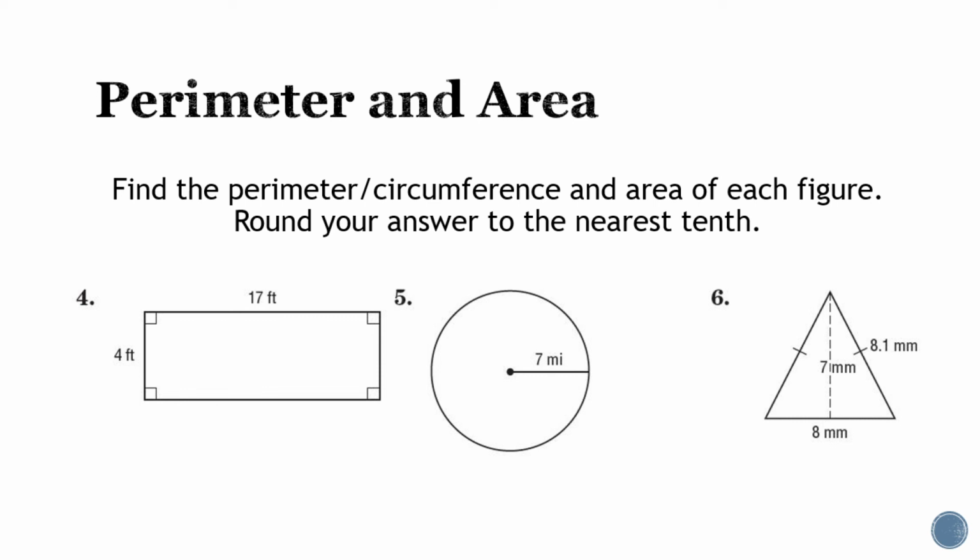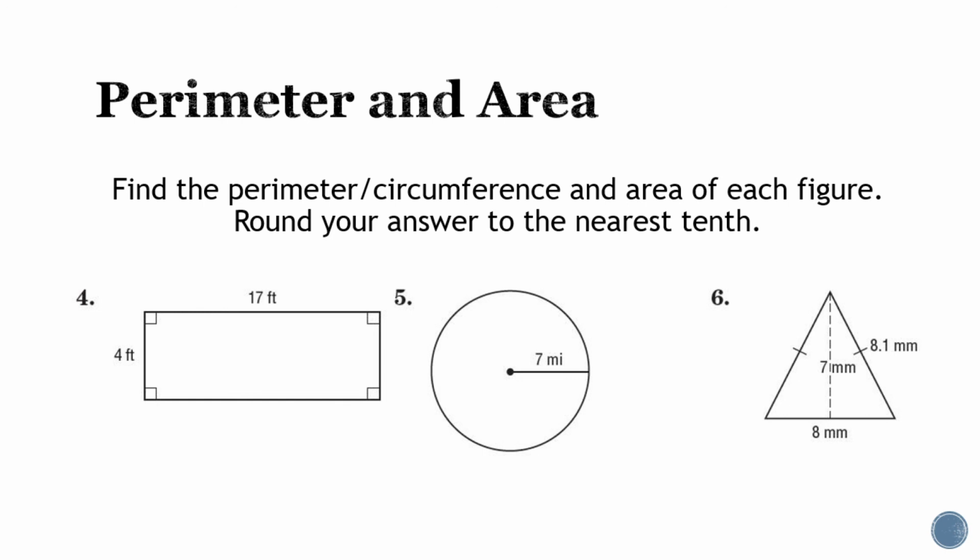So let's get 14 times pi, and you should get 44 miles. And then to get the area, you do 7 squared, so 49 times pi. And you should get 153.9 miles squared.